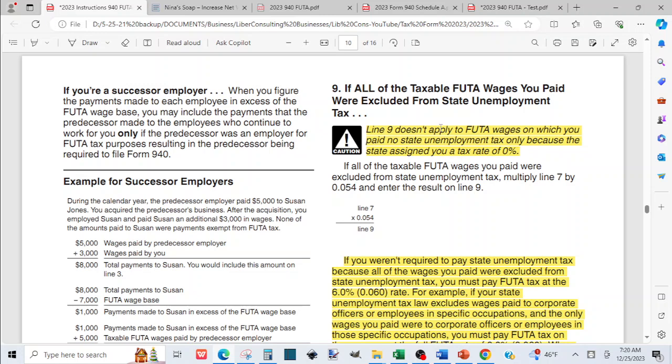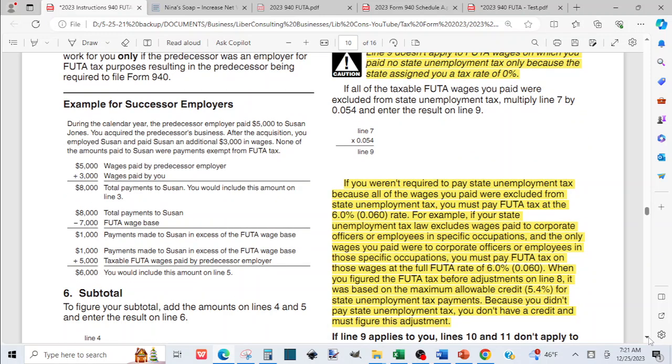So I think that's kind of important as well. If all of your taxable FUTA wages you paid were excluded from state unemployment tax, then you multiply line 7 by 0.054 and enter that result on line 9. But again, just know in what condition you have to do that and when you should not do that.